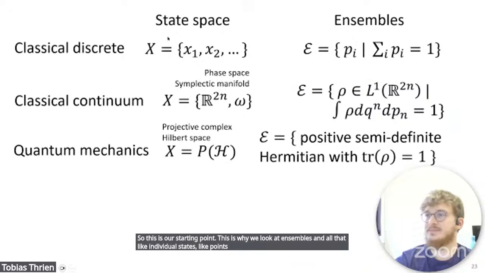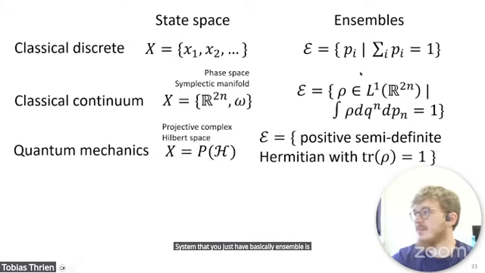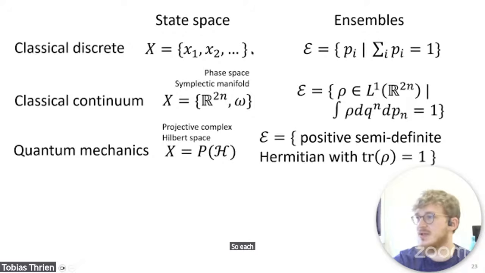So the examples will be, let's say you have a classical discrete system, where each ensemble is a probability function. So each entry here just gets a probability.